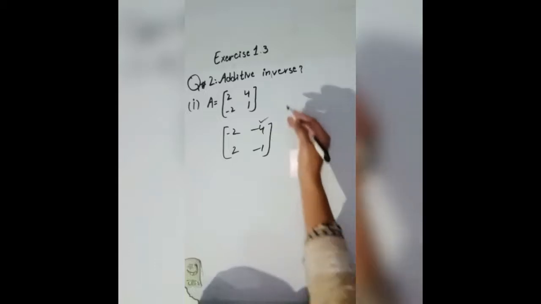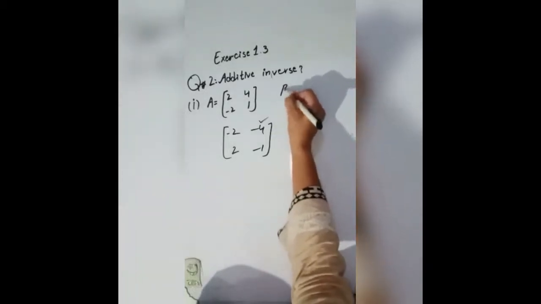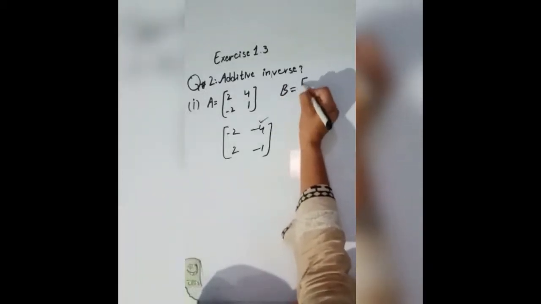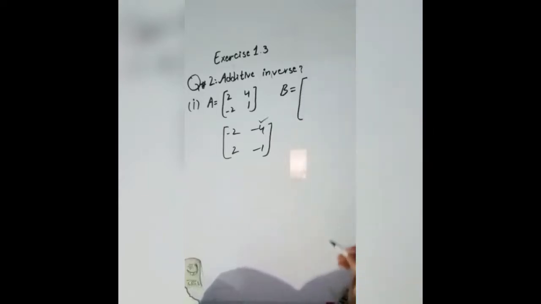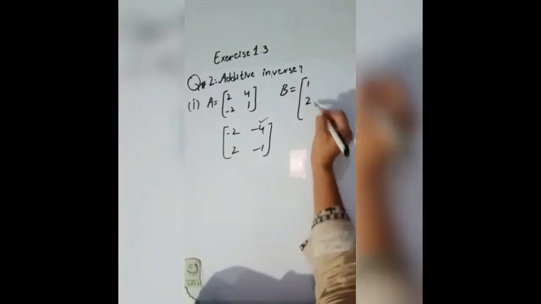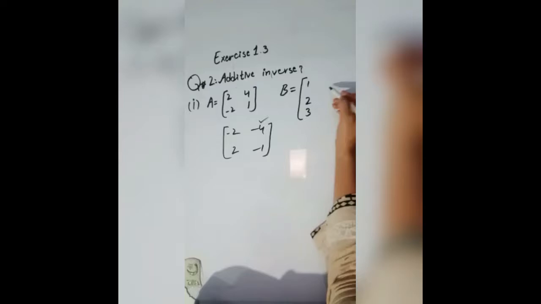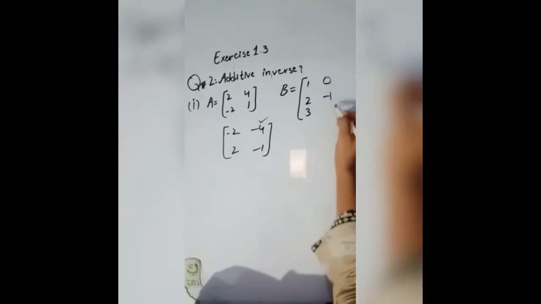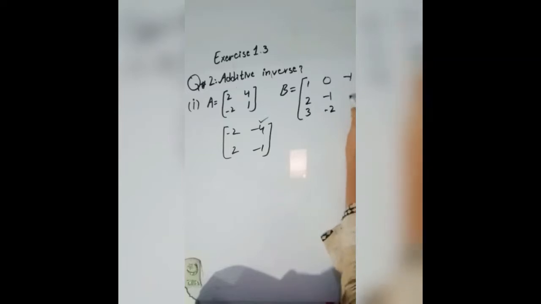So the next part is given is B matrix. अगला जो पार्ट है वो हमारे पास B मैट्रिक्स है और वो कुछ इस तरह से है: 1 2 3, 0 -1 -2, -1 3 and 1.